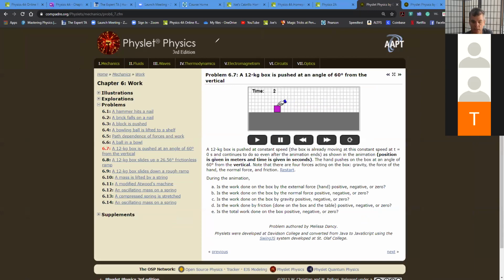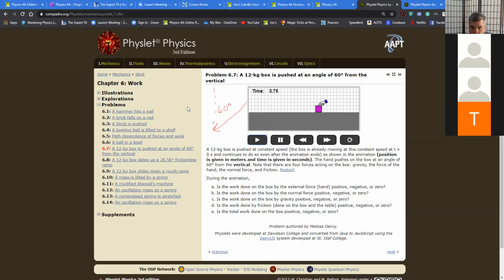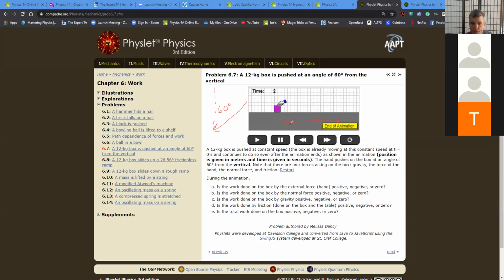Generally, if they're talking about 60 degrees from the vertical, that means if I draw a line like this, the angle that that thing is making is 60 degrees. Right. So the box, though, the displacement, the box started here and ended here, so the displacement is to the right. So this box is being displaced to the right.